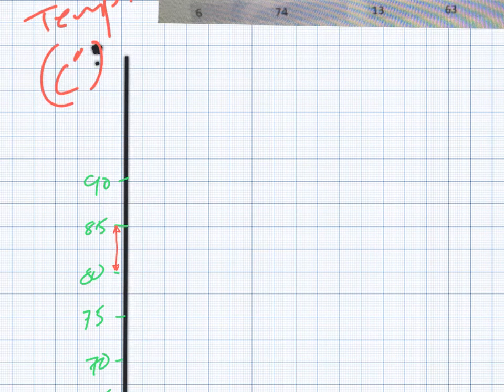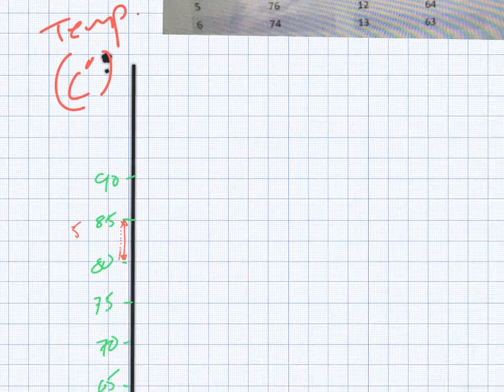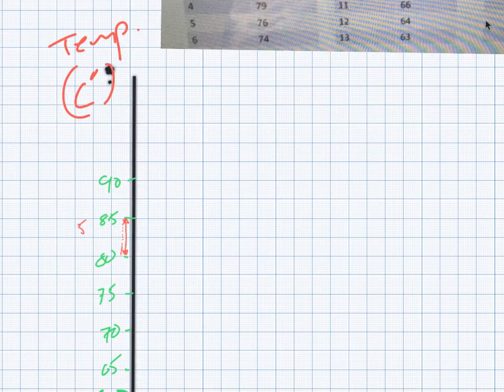I've got a jump of 5 here, and on your graph paper you will have 10 squares for that big one, which gives us 5 divided by 10, that change chopped up with the 10 squares on your graph paper, gets us 0.5 per little square, which means I'll come back 2 squares and 89 would be around here.